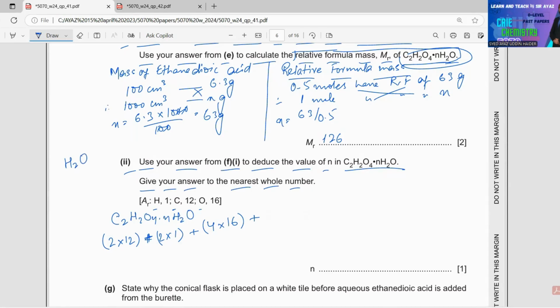H2O has 2 atoms of hydrogen, so 2 multiplied by 1 is 2, plus 16 for oxygen, it becomes 18. So I will write 18n here is equal to Mr. I have calculated it's 126. Now this whole becomes 24 plus 2 plus 64 plus 18n is equal to 126.